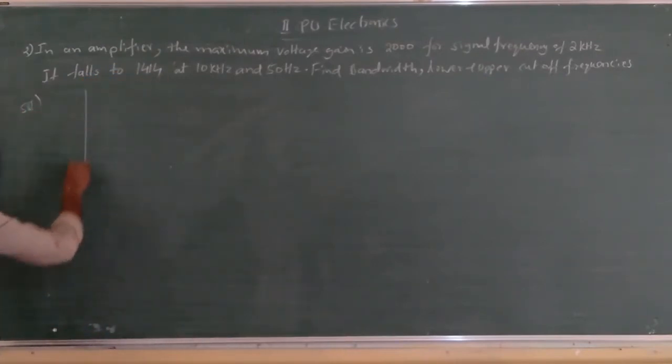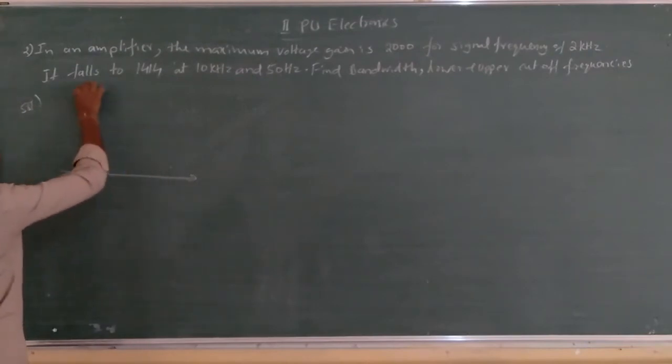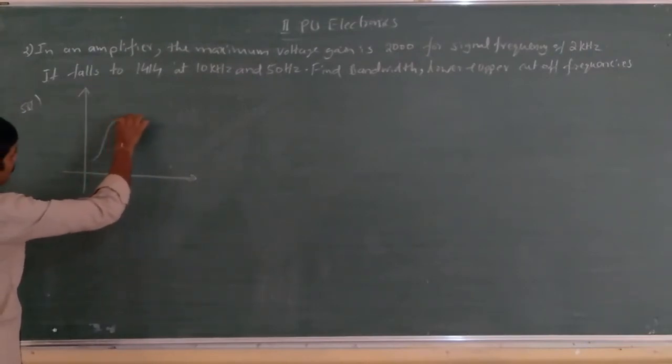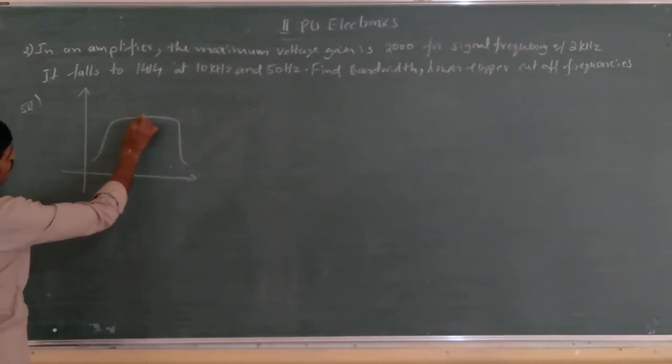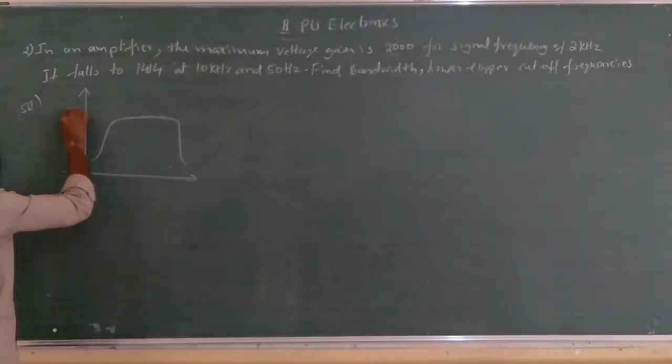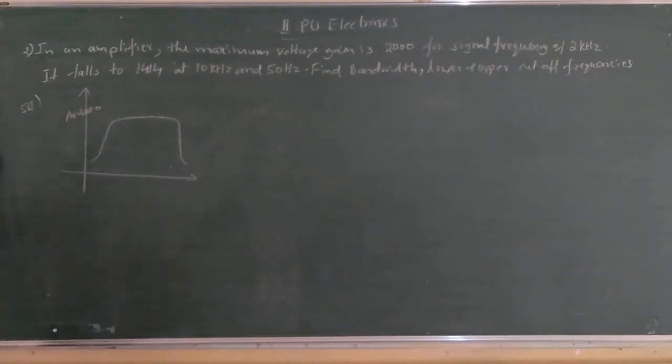Can I draw the frequency response graph here? Yes, this is the frequency response graph. Maximum gain AV maximum is 2000 for a signal frequency of 2 kilohertz. No need of that signal frequency here. Yes, it is a meaningful value, but for our problem it is not important.